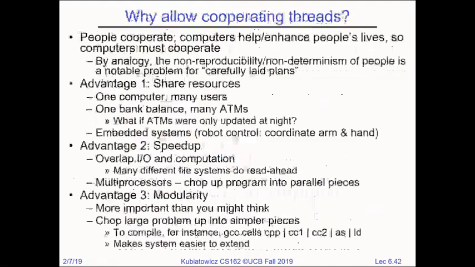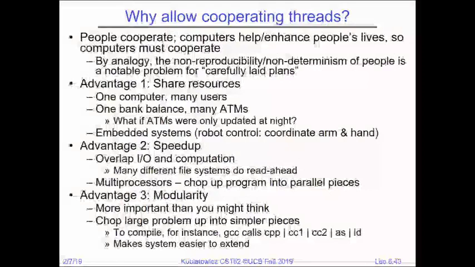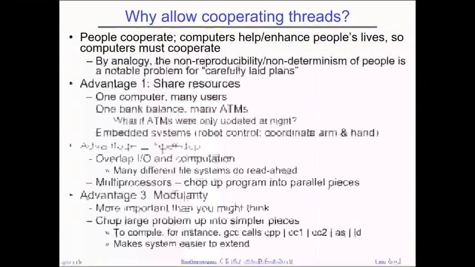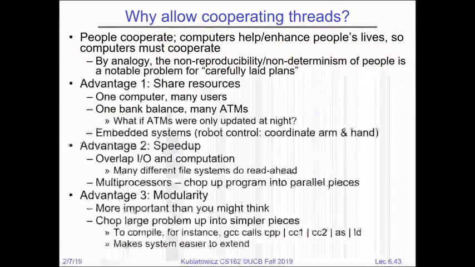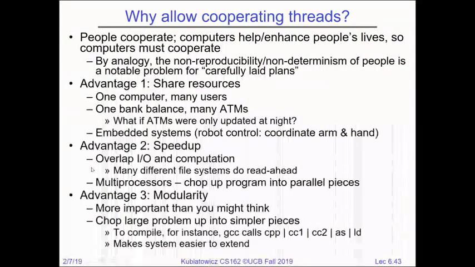So why do we even cooperate? People cooperate, so computers should cooperate as well. Advantages: you can share resources. One computer, many users. One bank balance, many ATMs. Speedup: two different things working on the same problem is faster if you've got multiple CPUs.